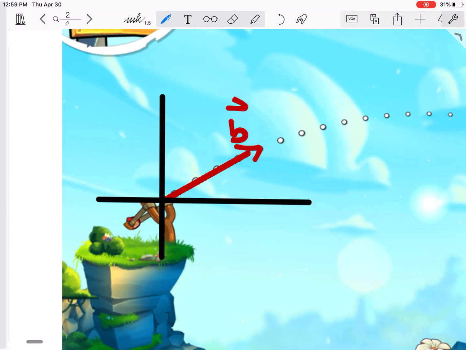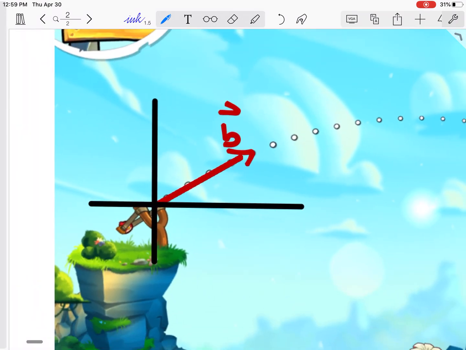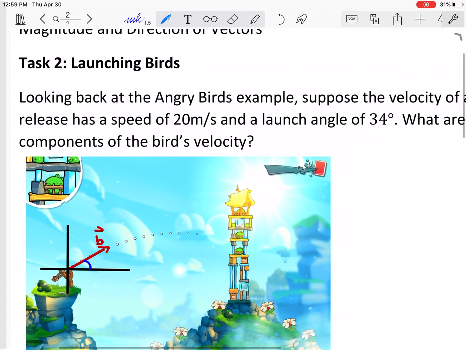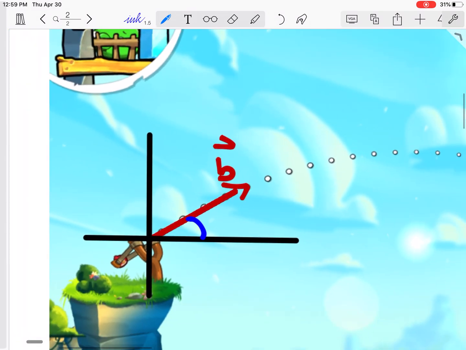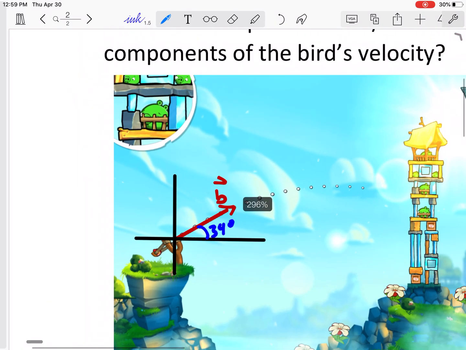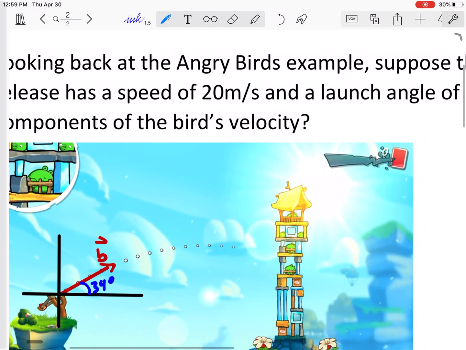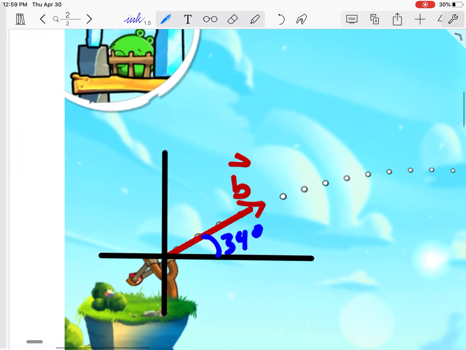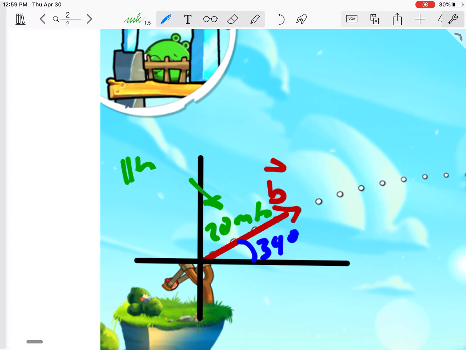And from there, we know it had an angle, a direction that it was launched at, relative to basically the ground. That angle was 34 degrees. And it was launched at a speed of 20 meters per second. Speed is a scalar value. So its speed is 20 meters per second initially. This is actually going to be the magnitude of that vector, 20 meters per second.